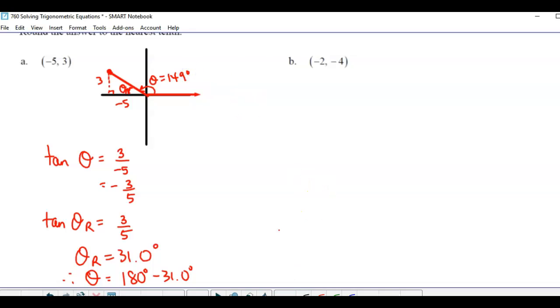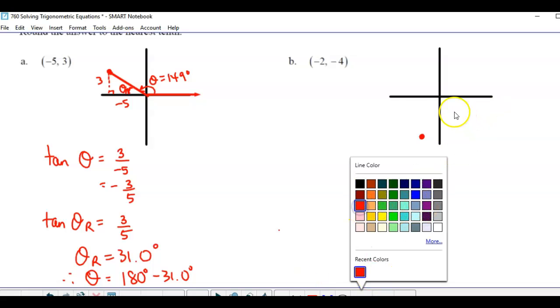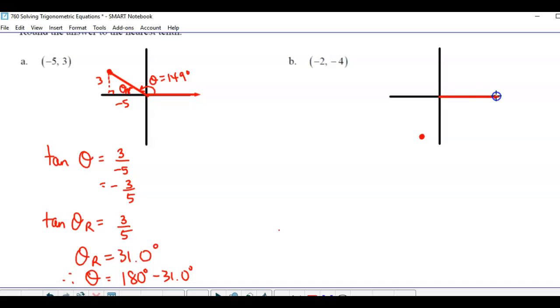Okay, so you can go back and put 149 degrees. So next one, same thing. Coordinate grid, XY axis, then plot -2, -4, so kind of about there. Graph your initial arm. Graph your terminal arm.